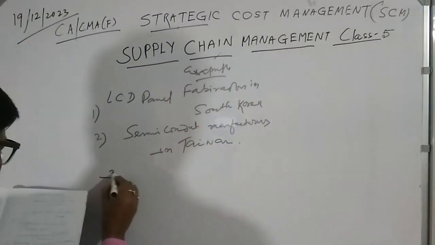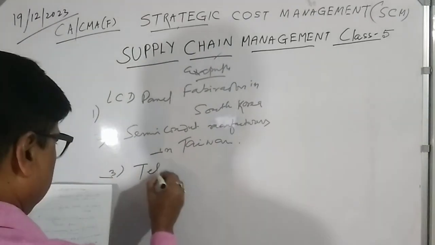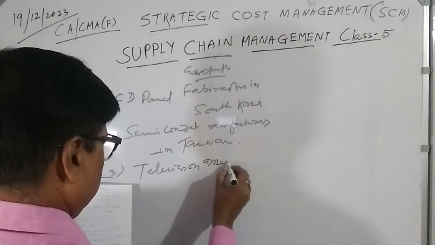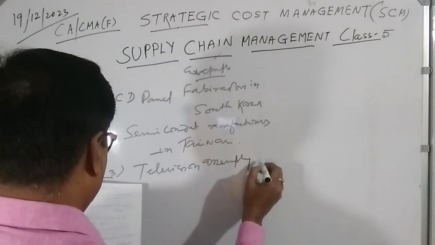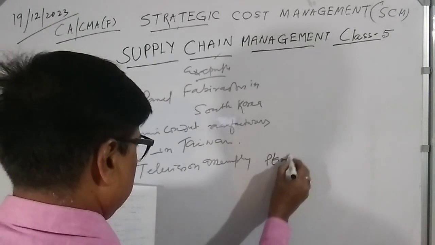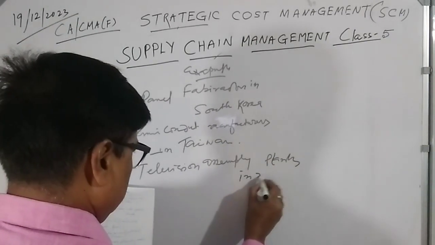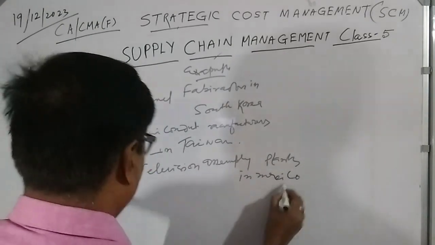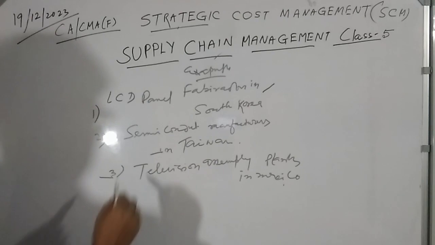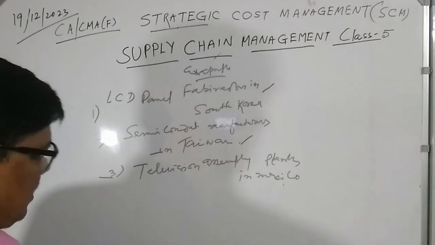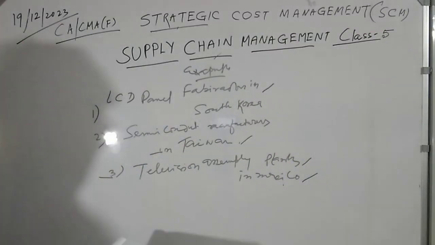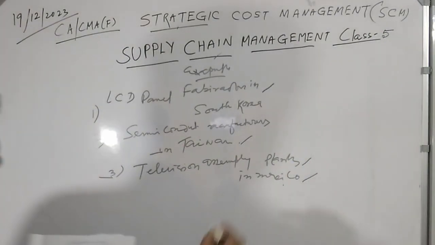And television assembly plants in Mexico. See what we are talking about: LCD panel fabrication in South Korea, semiconductor manufacturers in Taiwan, and television assembly plants in Mexico. All these organizations, what do they do?